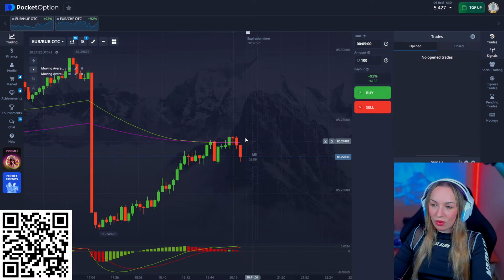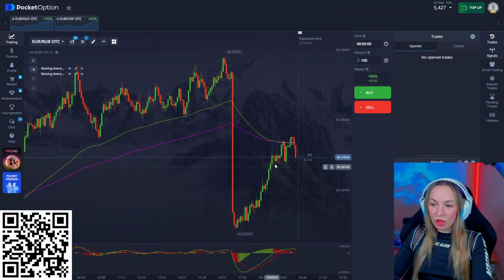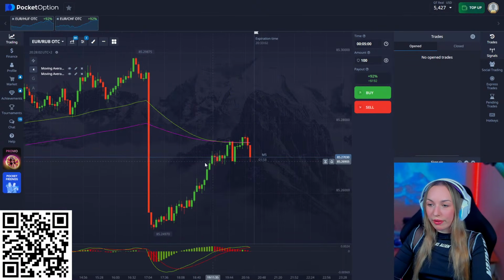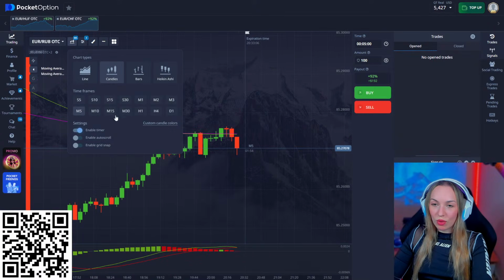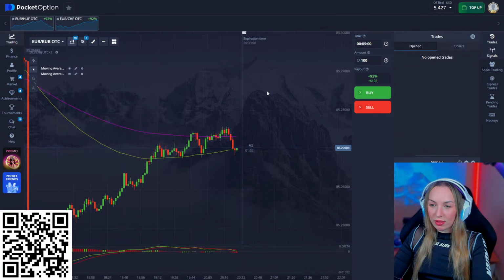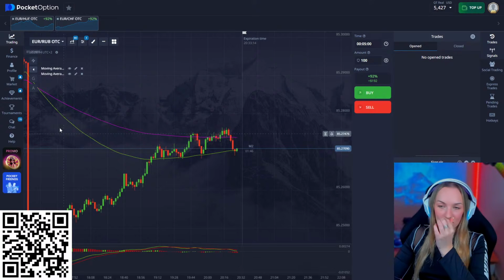And you see, Euro ruble actually became lateral here. So as I told you, it was really risky to open the trade in the upward direction, even though it looked like a super strong upward trend. Still, you see it again became lateral here.